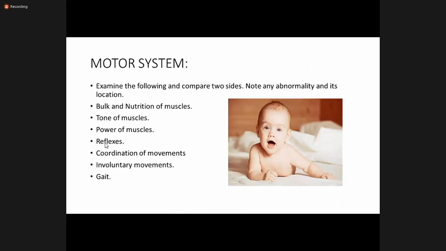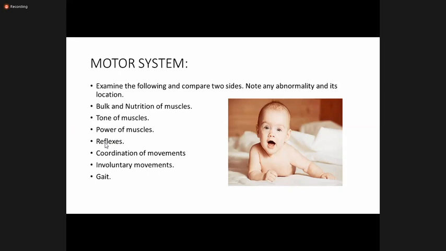First, do the inspection, but before that, introduce yourself, and then take consent from the mother if it is a small baby. After consent, do the proper exposure of the patient.